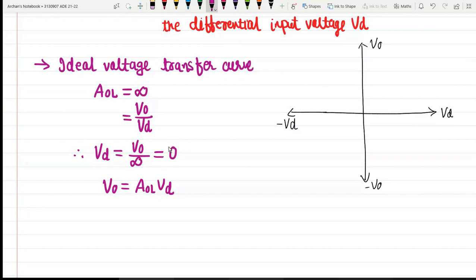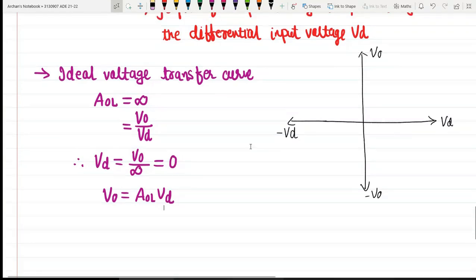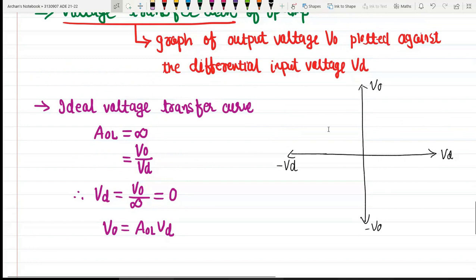Now we know that if we have infinite gain, then our output voltage must be infinite. But as we have already seen, infinite output voltage is not possible. So what should be the output voltage in this case? The maximum voltage of the op-amp, the supply voltage of the op-amp.